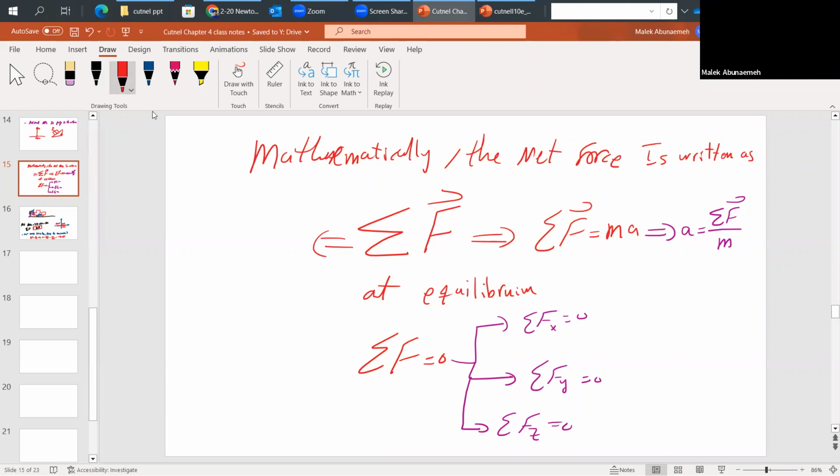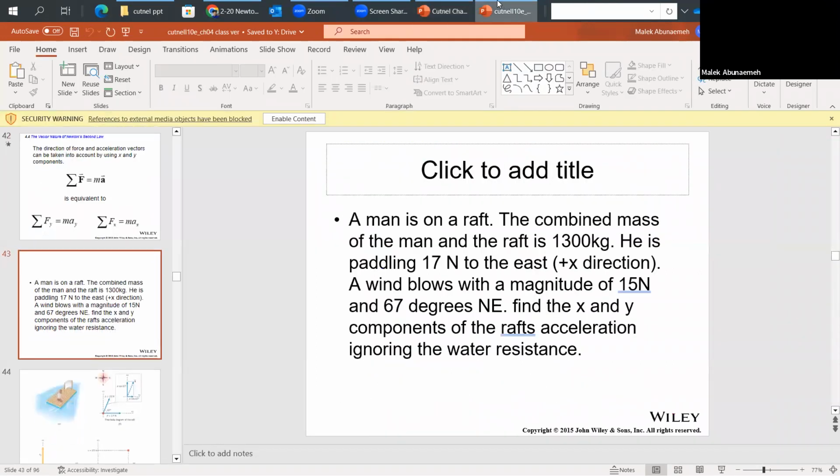Taking this, let's do the X axis: all your forces in the X direction are going to equal your mass times your acceleration in the X direction. Your forces in the Y direction are going to equal your mass times your acceleration in the Y direction. Your forces in the Z direction are going to equal your mass times your acceleration in the Z direction.